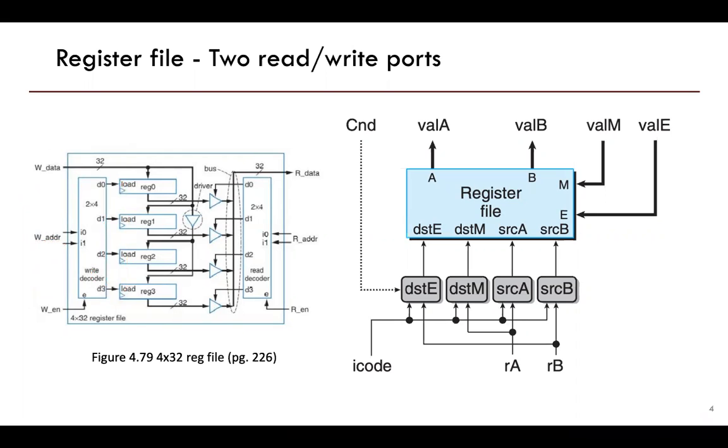Also, on the other side, this figure has only one read address and one write address. We use this tri-state buffer to avoid data conflict, with data going to this same wire. Here, this part, this part, this part, this part.